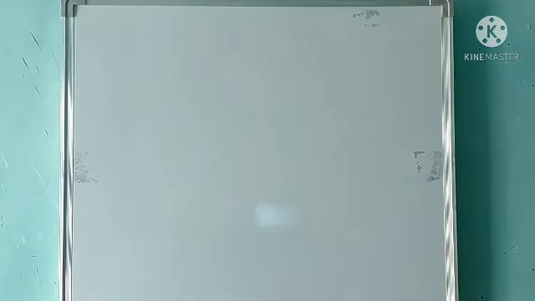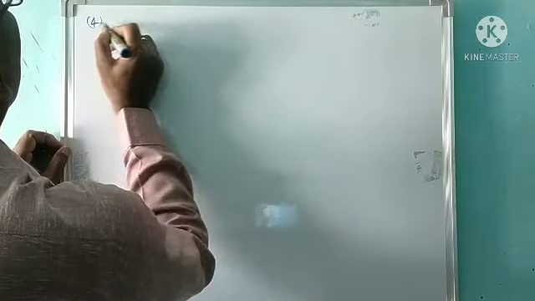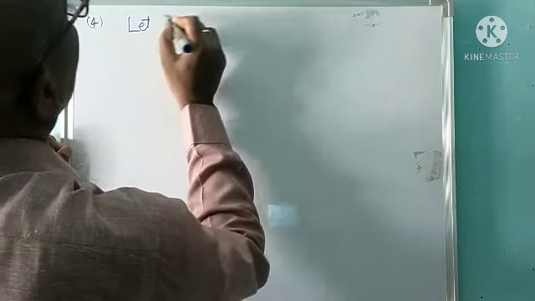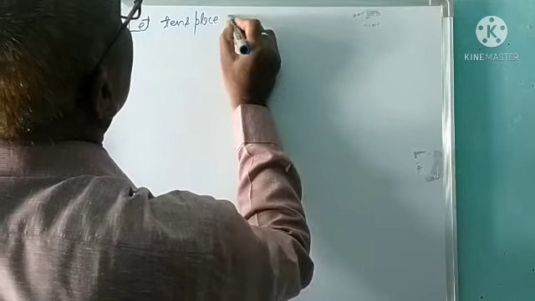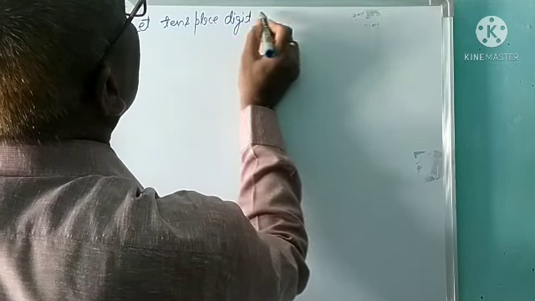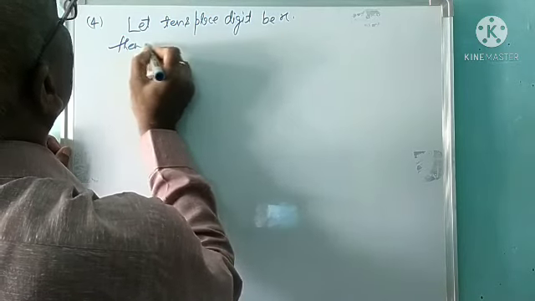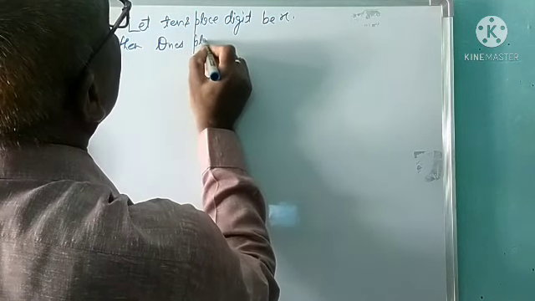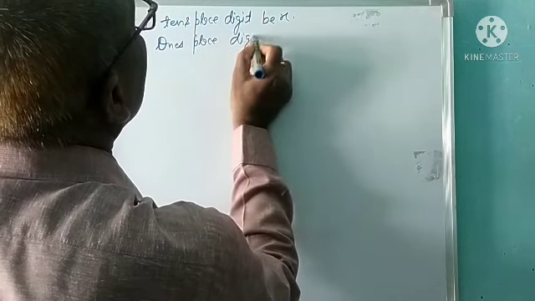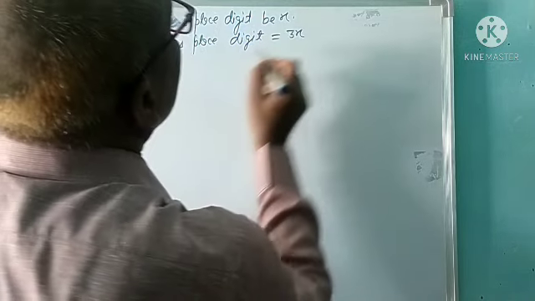This means you suppose, question number 4, let tens place digit be x, then ones place digit is equal to 3x.